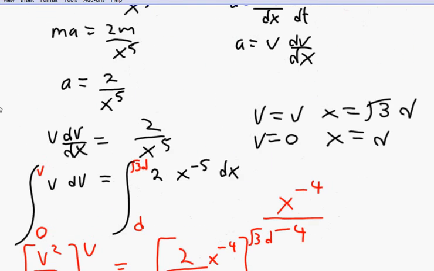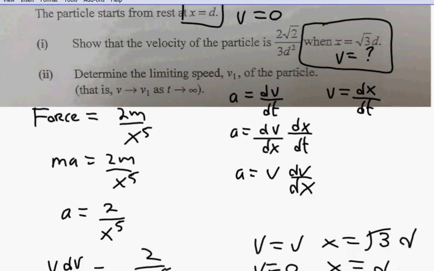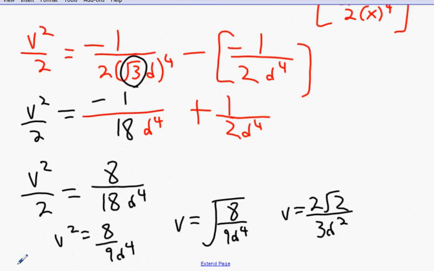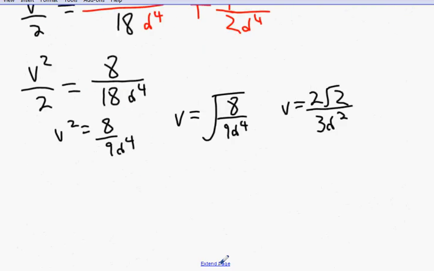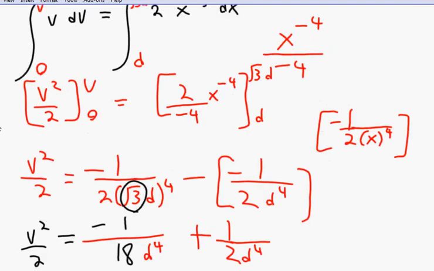Now, determine the limiting speed of the particle, that is v goes to v1 as t goes to infinity. What is the limiting speed? Now that's interesting, okay? So, if we go back, the limiting speed. And it's talking about time, isn't it?